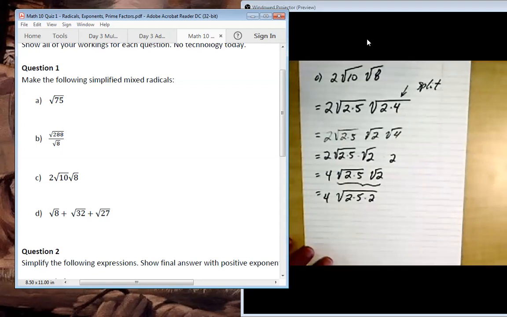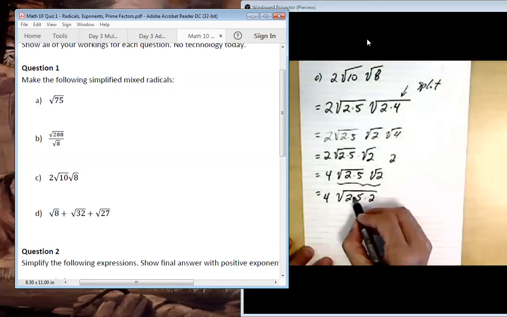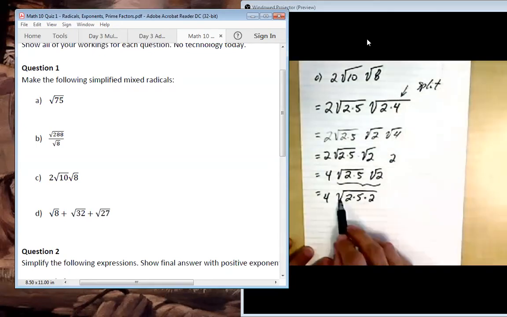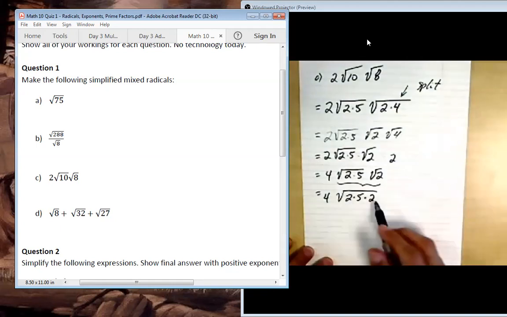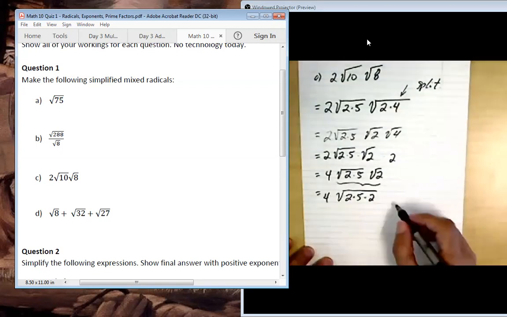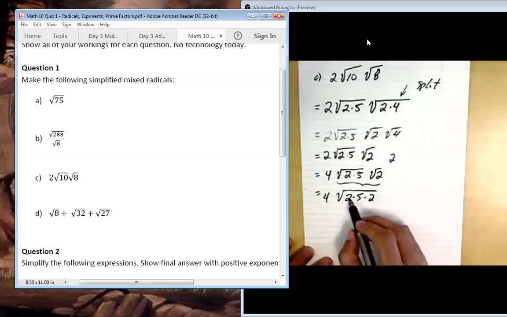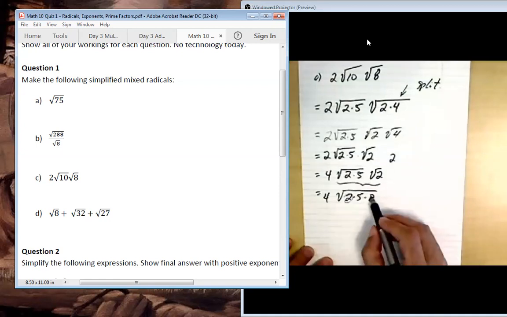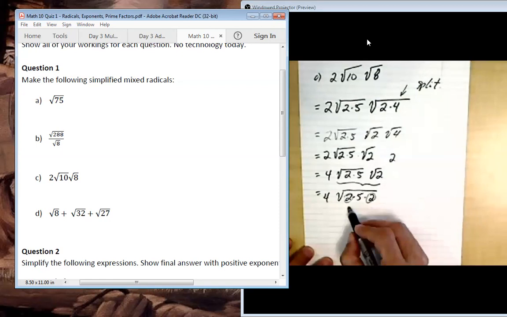Instead of splitting, it's combining instead. And now, because it's a square root, we want 2 numbers the same to go out. So we got that number and that number. Those 2 can go to the outside now.